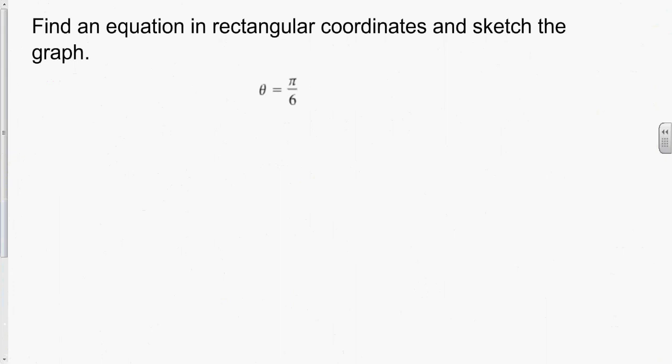Find an equation in rectangular coordinates and sketch this graph. So here I'm going to directly look at the tangent of pi over 6. The tangent is y over x. We have the pi over 6. I'm going to go back to my 30, 60, 90.